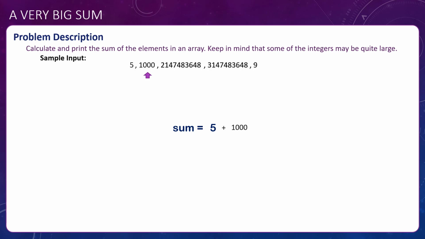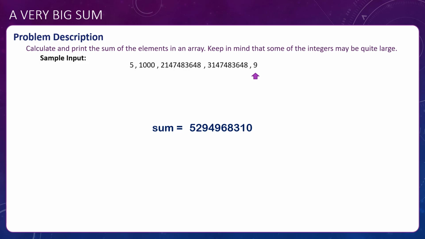We add another 1000, and 5 plus 1000 is 1005. Then we add this large number and get this result, add another large number to get this result, and finally add 9. This is the result of that.